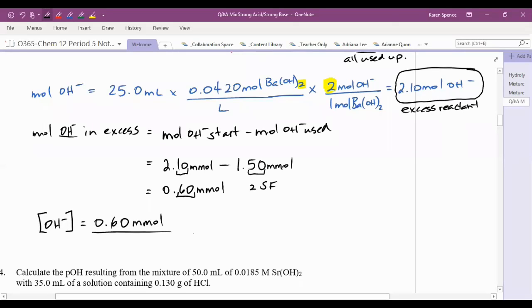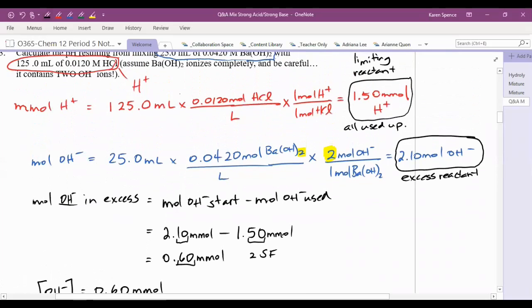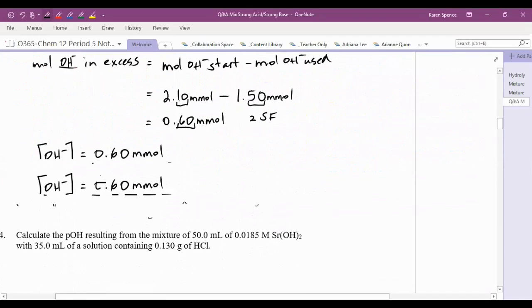Now, what's our final volume going to be? That will be our total volume. So we had 25 mL and 125 mL. So we have a total of 150 milliliters.